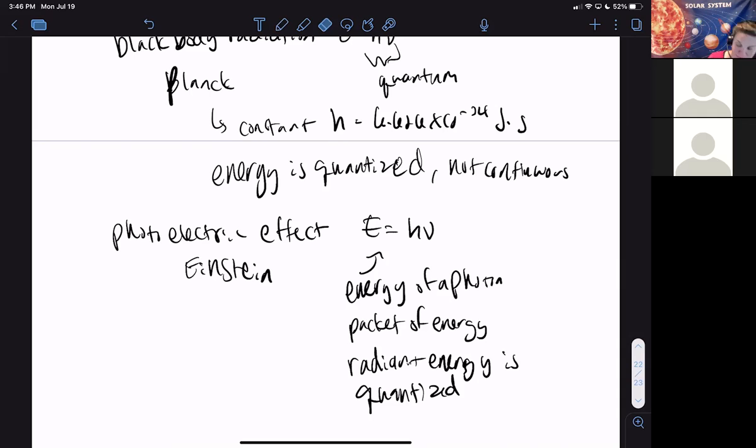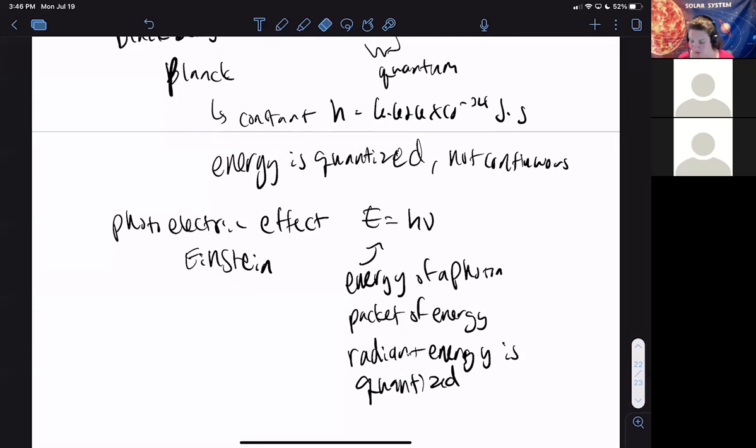So again, if it was based on a continuous energy scale, then you would just be able to add more and more photons to eventually get the ejection of an electron. But what they found is for every one photon, it excites one electron. So you have to have that energy of that photon be equivalent to the work function in order to get an ejection of an electron.